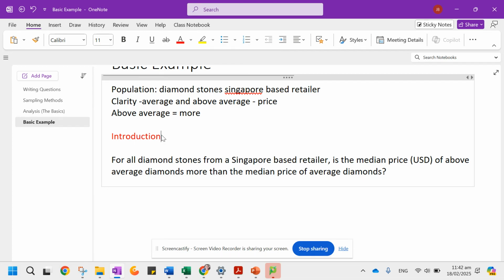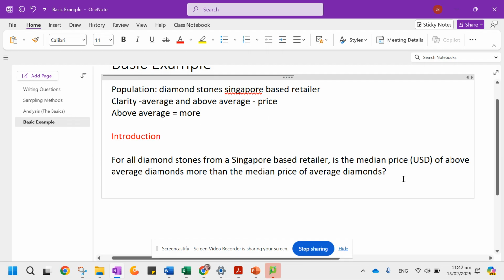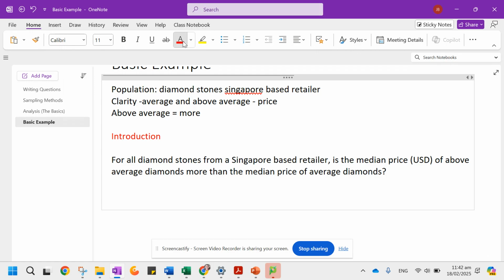Okay, where you discuss a little bit about the diamonds, discuss why we might be interested in looking at this, what we expect, and we might put a hypothesis. Okay, what are we expecting? Those things are not have-tos for Achieved. I would expect you to put in an introduction just because it makes it a bit tidier, but if you don't have an introduction, it does not mean that you are going to fail.